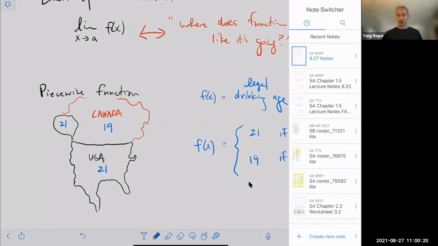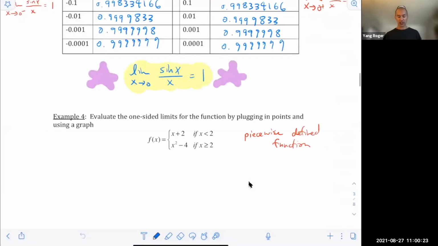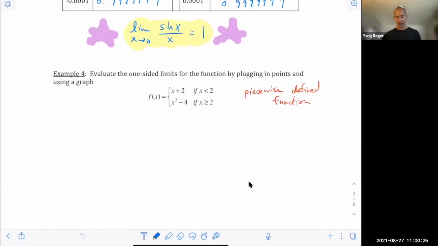No. So if we go back to our sheet over here, what we're really doing is taking the real number line and chopping it up into two pieces. We're cutting it at the value of 2, right?